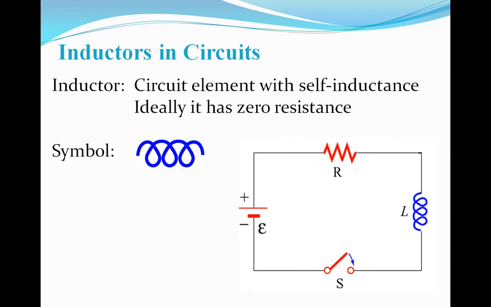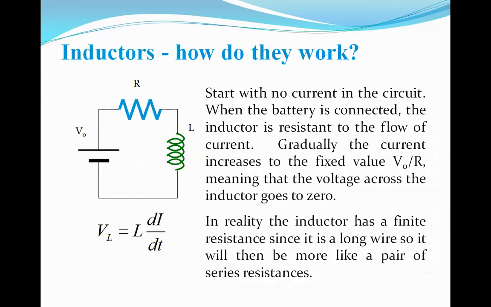So how does it actually work? Initially, we start with no current in the circuit. When the battery is connected, the inductor resists the flow of current. Gradually, the current increases to a fixed value, where the maximum voltage in the circuit will be V0. So V0 by R will be the maximum current flowing through the resistance, isn't it?